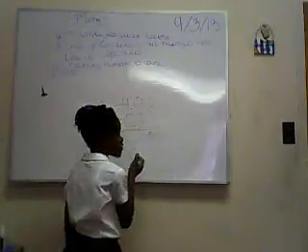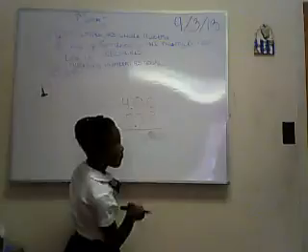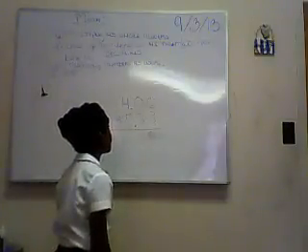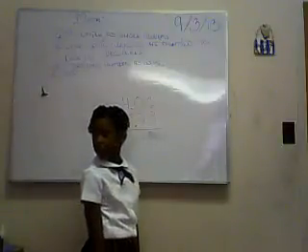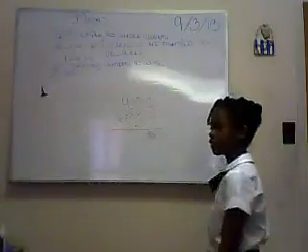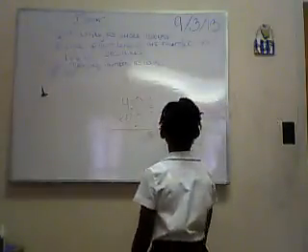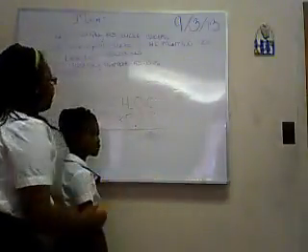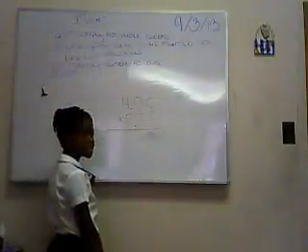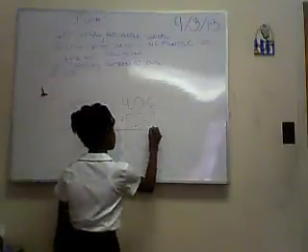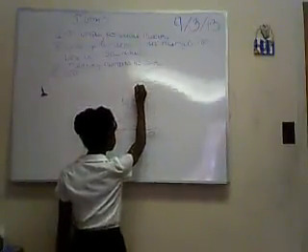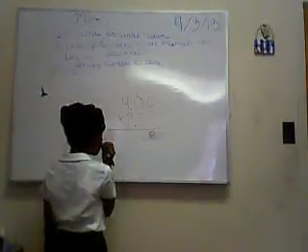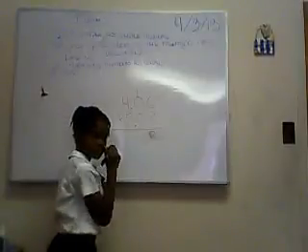6 times 3? 18. 6 times 3 is 18. Zero times 3 is 0.